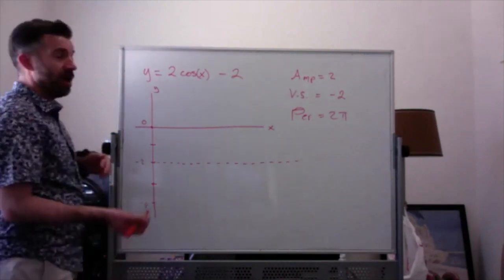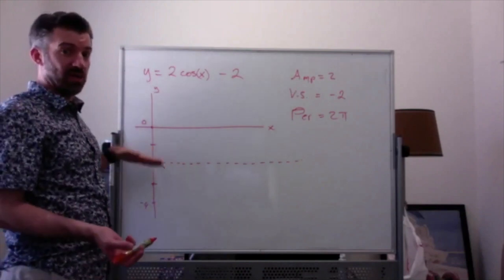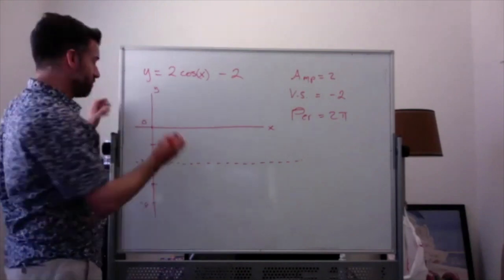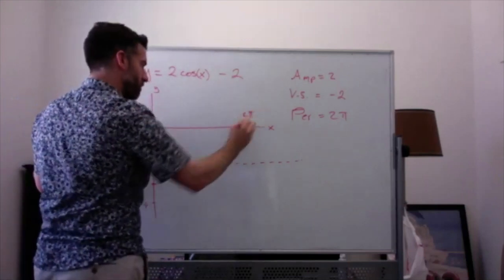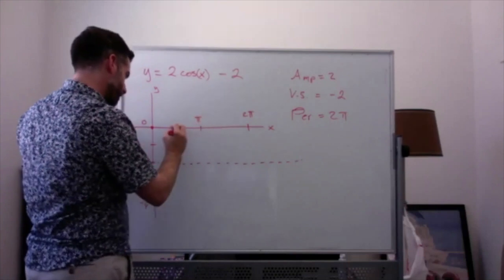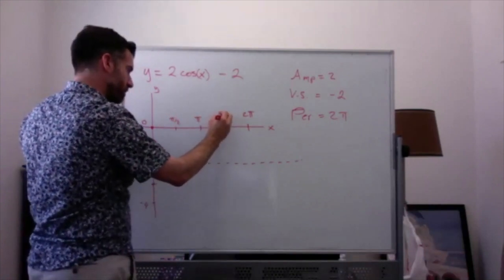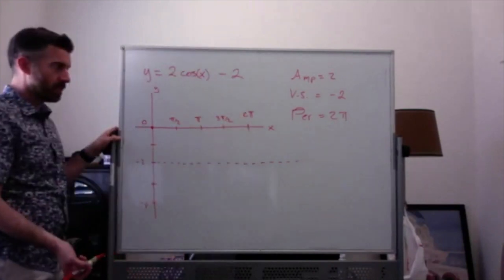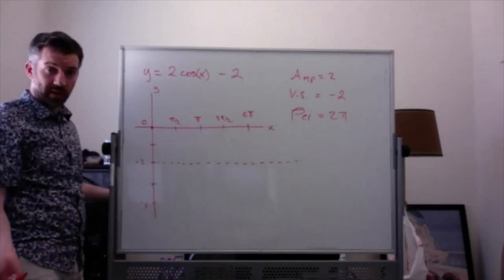Unlike sine, cosine doesn't start at the middle, cosine starts high. Oh, but I need my period, sorry. So there are my usual 5 important x values.